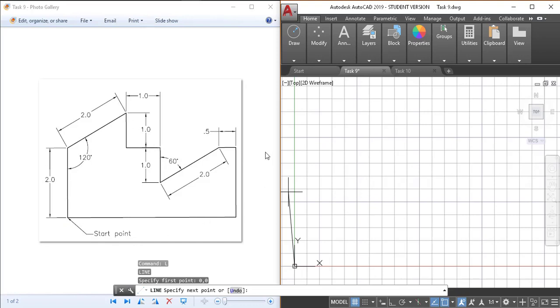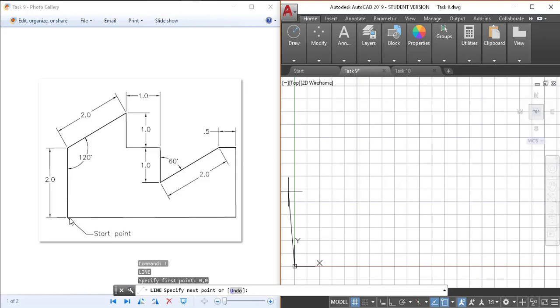But in this drawing, the point numbers are not given. It means that we can either go in the counterclockwise direction or in the clockwise direction. But then we have to analyze which way is most suitable for this drawing.